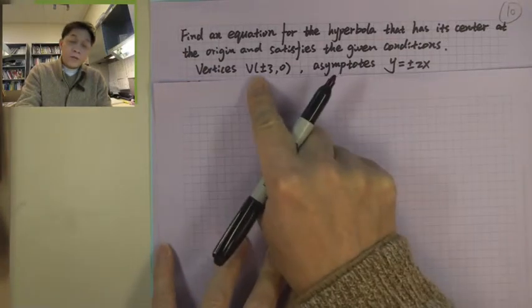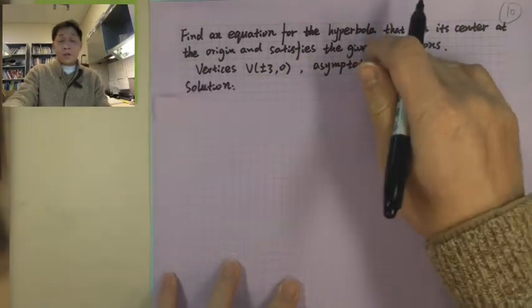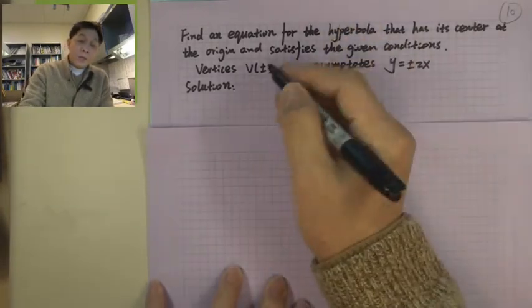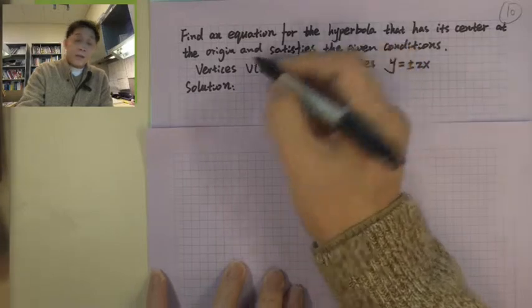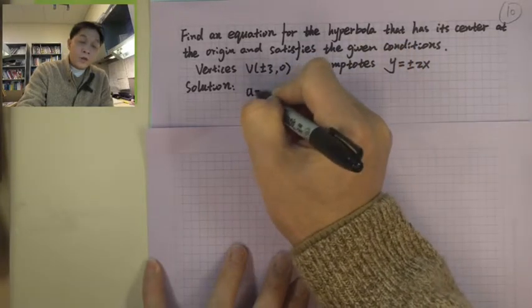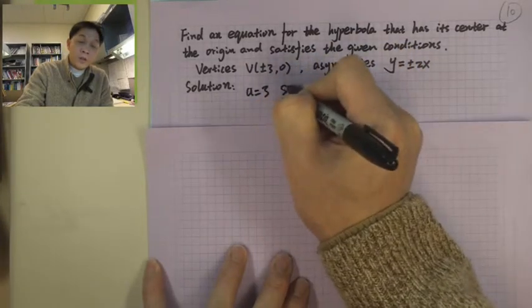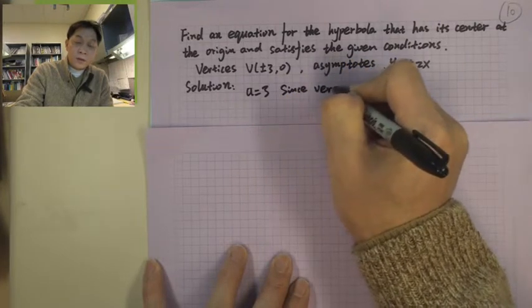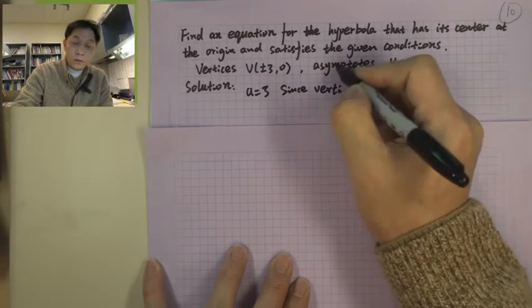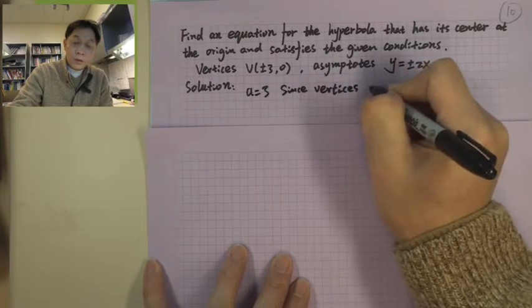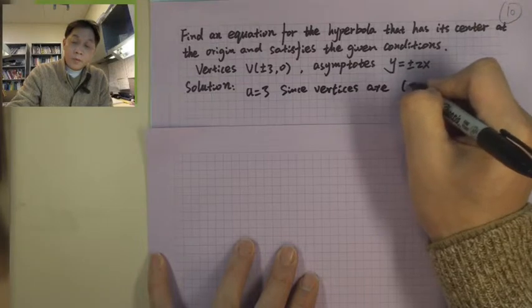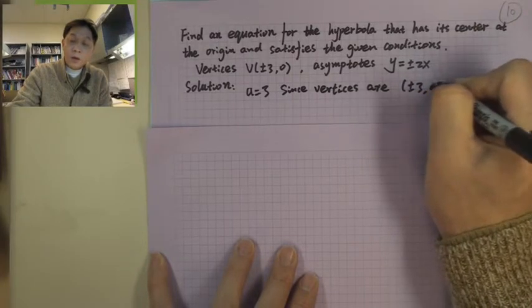In this case, you can immediately find a. So a equals 3, since the vertices are (±3, 0).